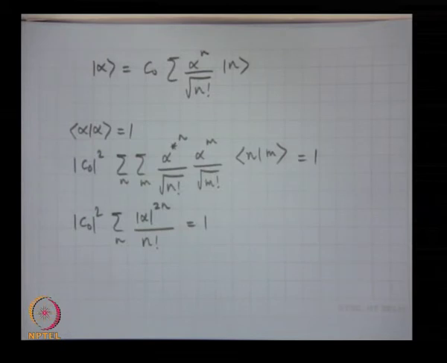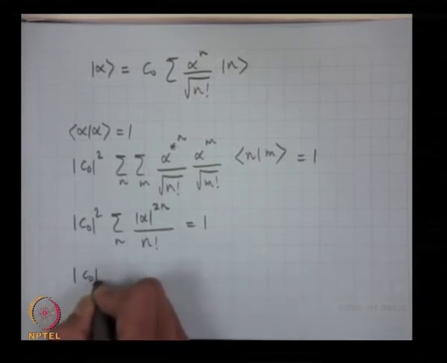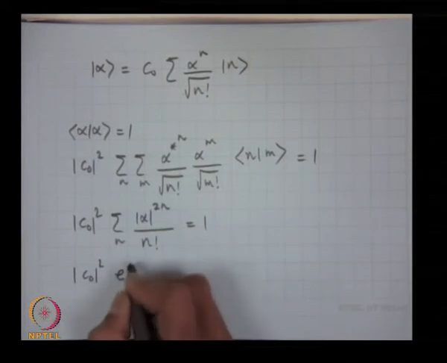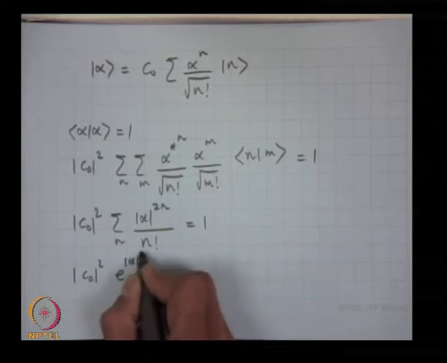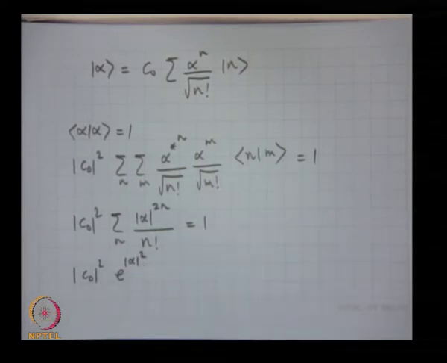What is this? Sigma n mod alpha raised to the power 2n by n factorial. Exponential mod alpha square. Exponential x is a sigma n x raised to the power n by n factorial, which is equal to 1.